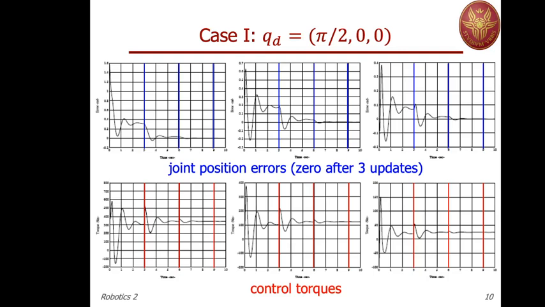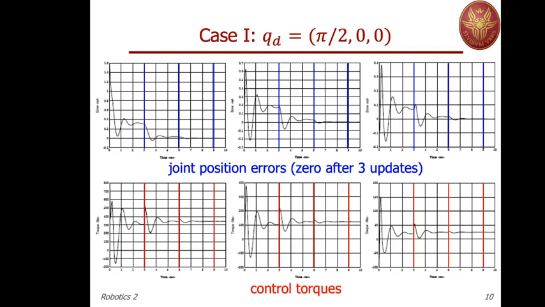So you start with a pure PD, and when you reach a 3-second steady state situation, you update your feedforward, which becomes, from 0, the value of torque that you are applying at that joint at the end of the first iteration, and then you restart moving.